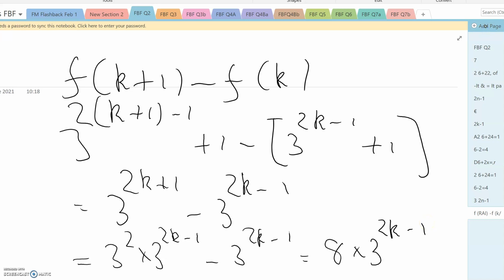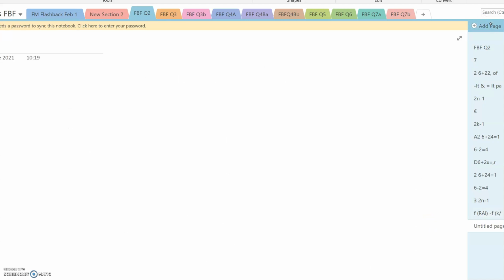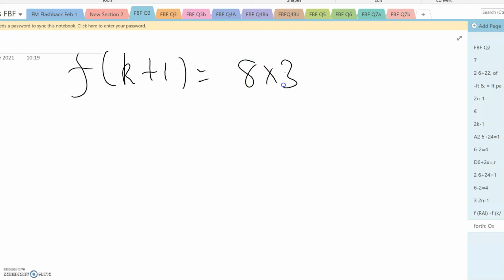We then rearrange and say, in that case, f of k plus 1 is equal to 8 times 3 to the 2k minus 1, plus f of k.